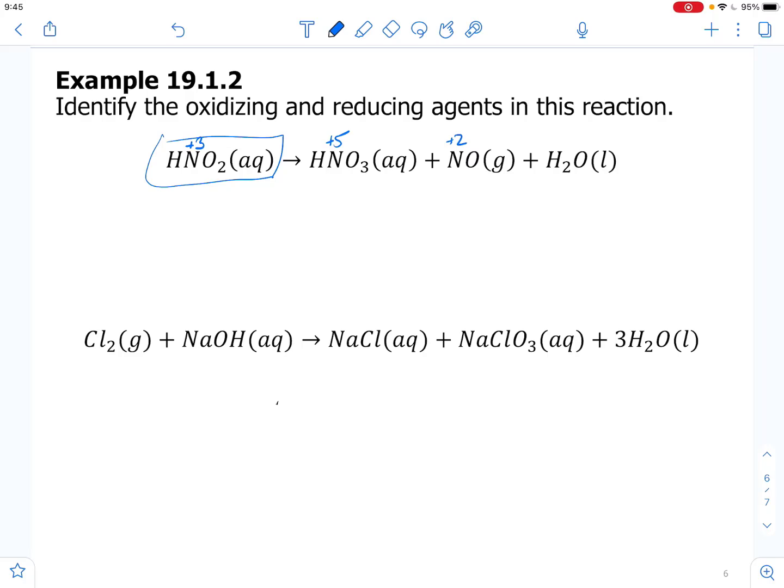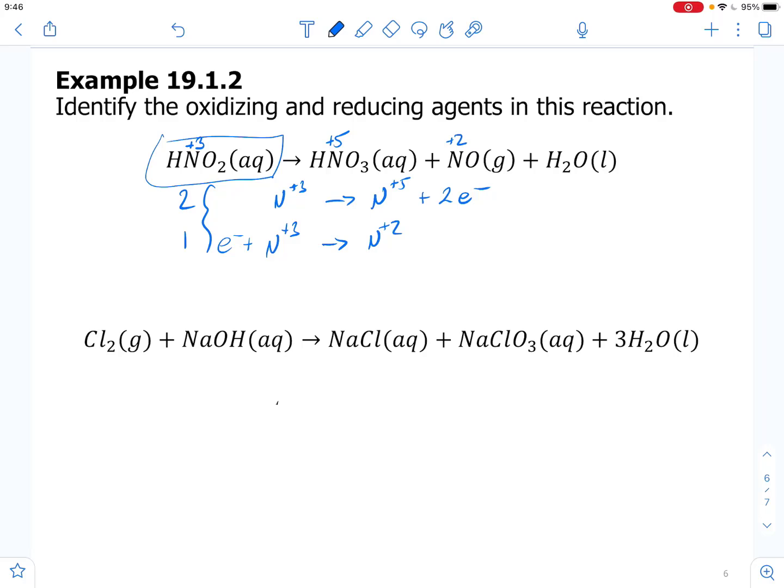So we have nitrogen +3 going to nitrogen +5 plus 2 electrons, and then we have nitrogen +3 going to nitrogen +2. In order to do that, you have to gain 1 electron, which means the first reaction times 2, the second reaction just 1.